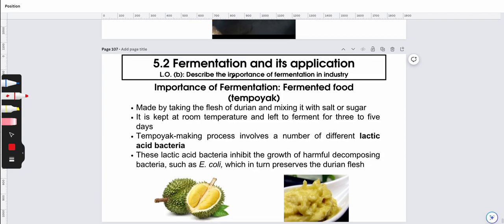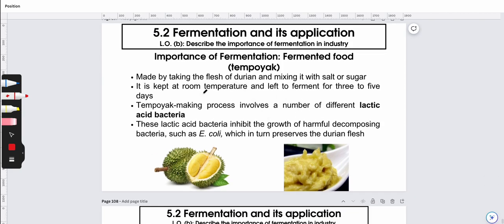Okay, and then now we have tempoyak. Same thing, but for tempoyak, usually we put some salt or sugar. And then we keep it at room temperature and leave it to ferment for 3 to 5 days. And you have to remember, we also have this bacteria called lactic acid bacteria. Remember lactic acid? The bacteria that produce lactic acid.